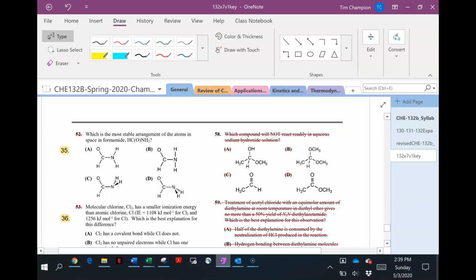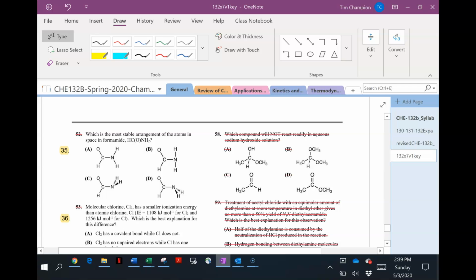So in A, you've got all trigonal planar around the carbon and the nitrogen. In B, the carbon's trigonal planar, but the nitrogen is some kind of a T-shape. In C, the nitrogen looks like it's a trigonal pyramidal shape, and again in D, the nitrogen's a trigonal pyramidal shape.